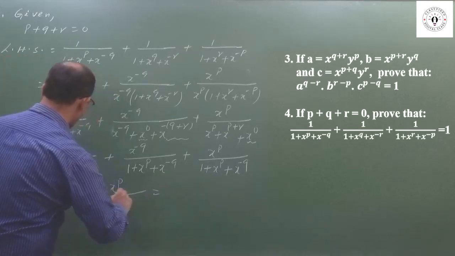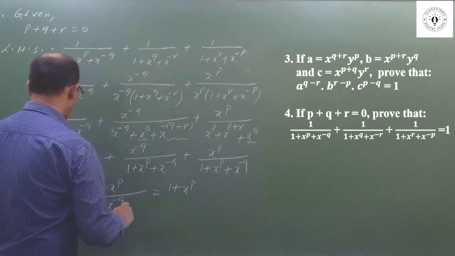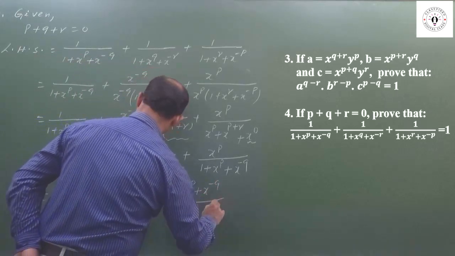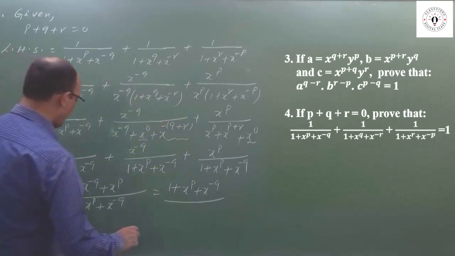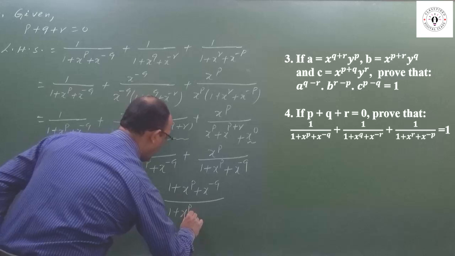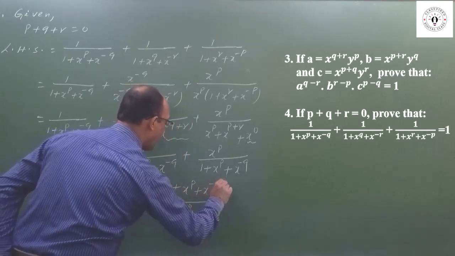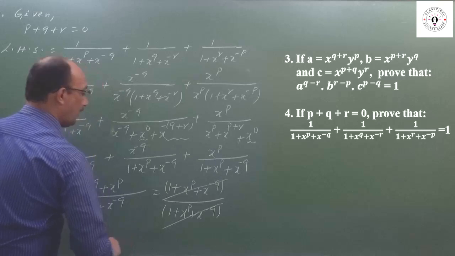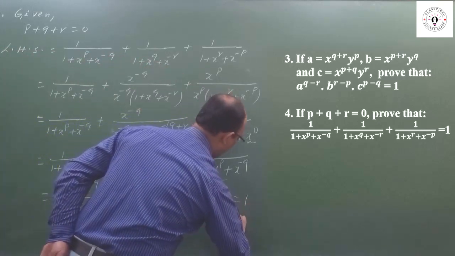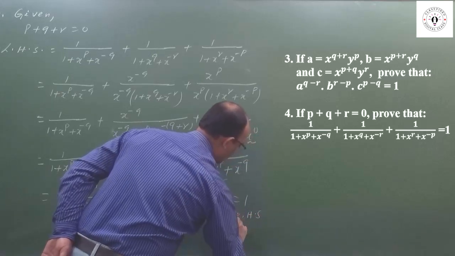If you arrange this, it becomes 1 plus x to the power p plus x to the power minus q. The denominator is as it is, that is 1 plus x to the power p plus x to the power minus q. Same, so cancel. What is left? 1, which is proved. We have to prove 1. This is the right hand side, proved.